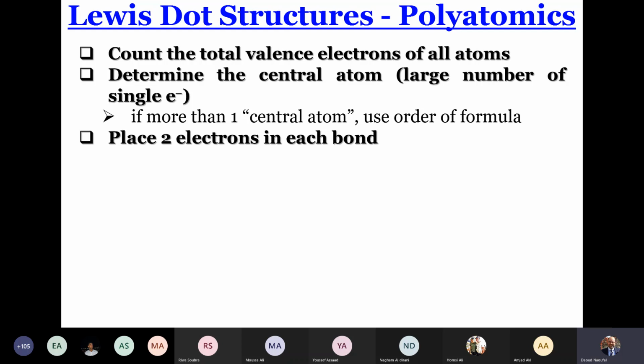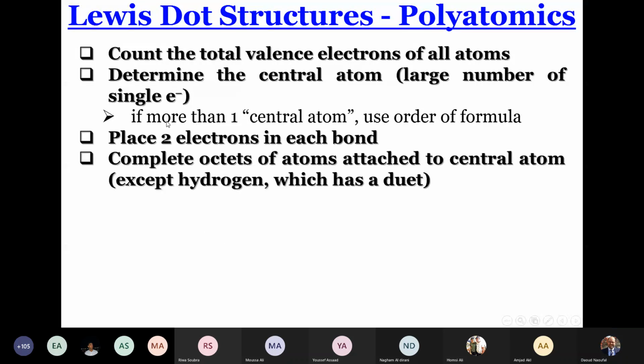And to join B and C, I need 2 electrons. So from that 16 total, I need 4 electrons to make the bonds. The remaining valence electrons are distributed on the outer atoms.